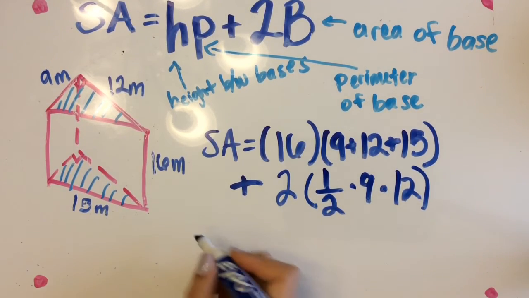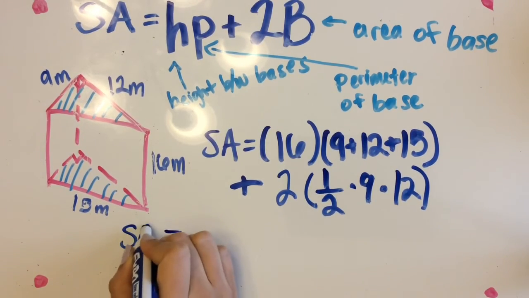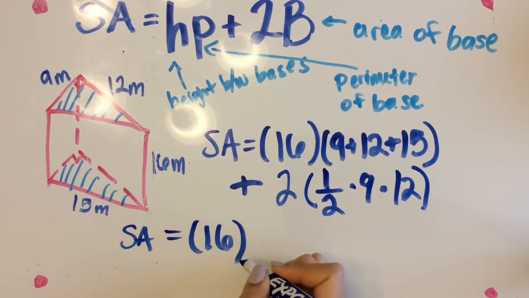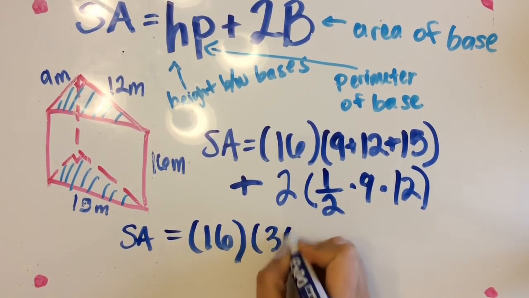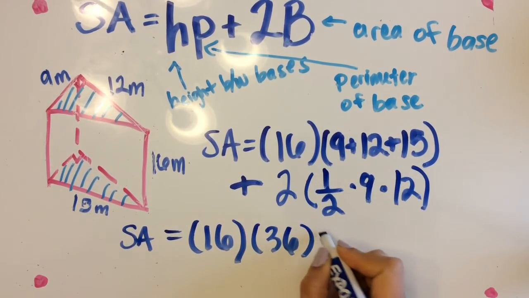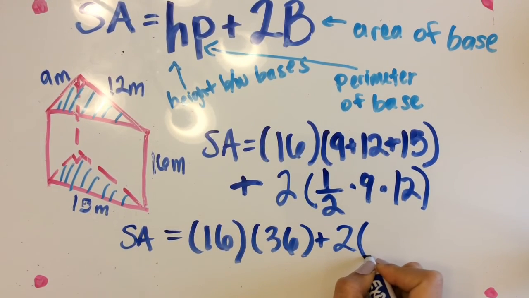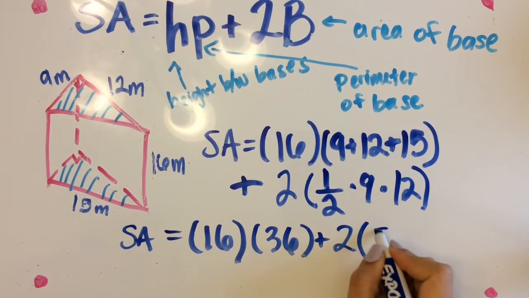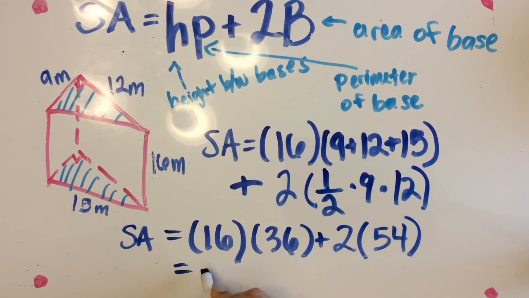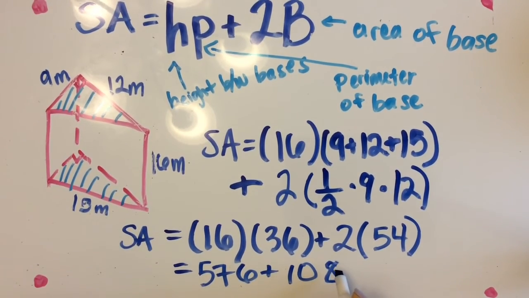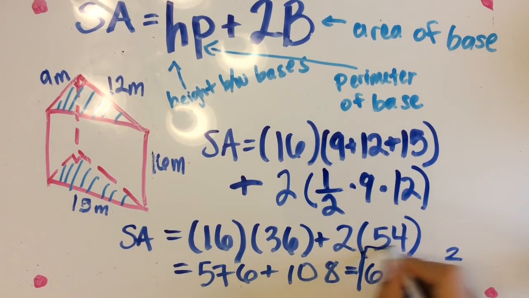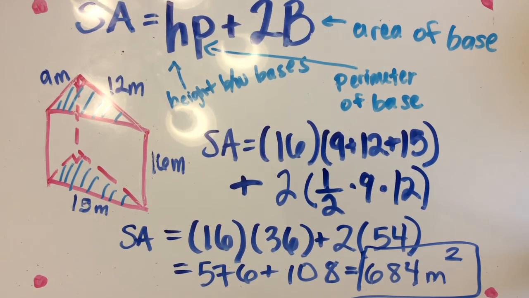That gives me 16 times 36, plus 2 times 54. That's 576 plus 108, which equals 684 meters squared. That's my answer, the surface area of this triangular prism.